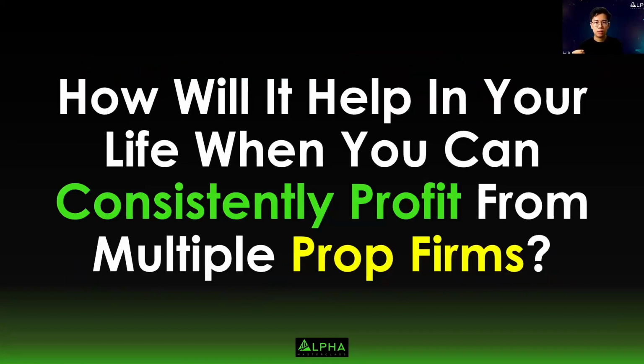All right. So ask yourself the question you really have to ask. What will it help in your life when you can consistently profit from not just one profit source, but multiple profit sources, right? Would it help? How would it help your life and your family?